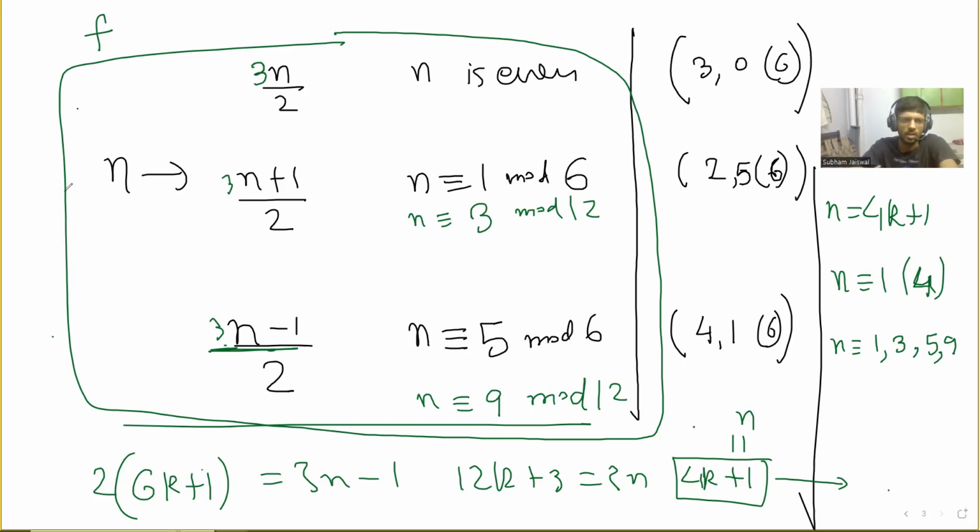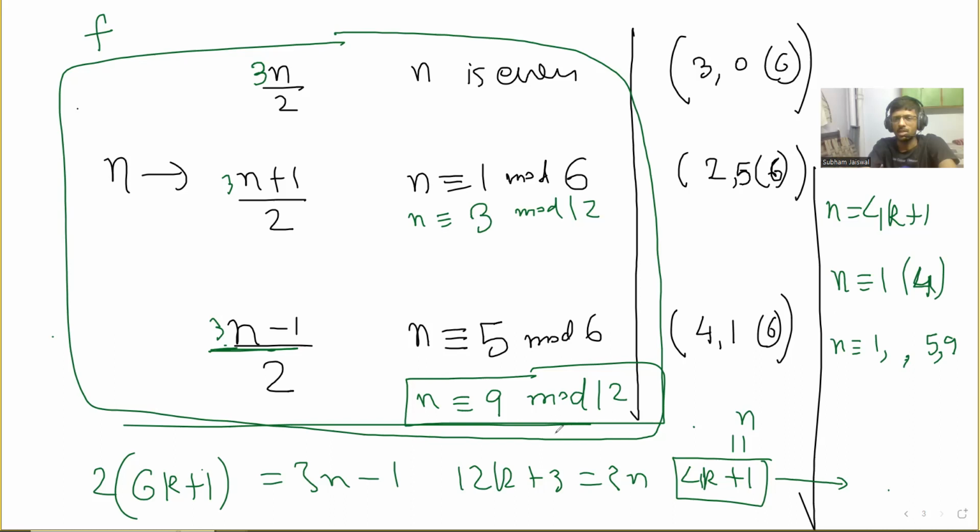Oh, it cannot be 3? Yeah, it cannot be 3. Let's see, it should be so. So if it is 12k plus 5, then it works. 12k plus 9 works. It can be 9 mod 12, and that we have allowed here. But wait, n has to be 4k plus 1.